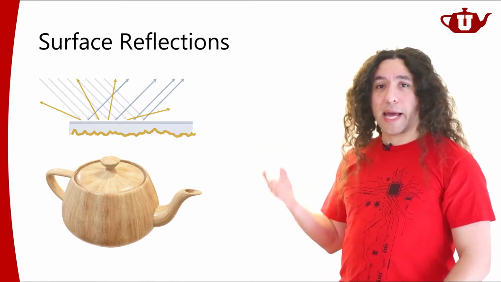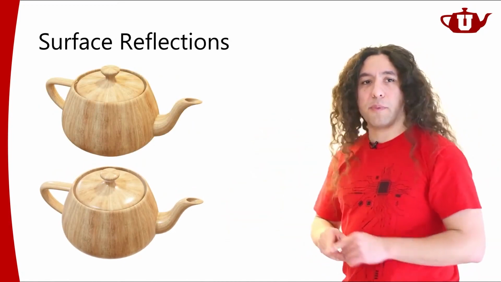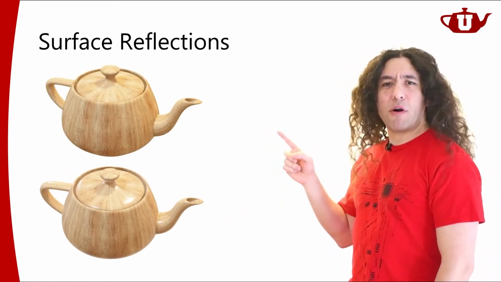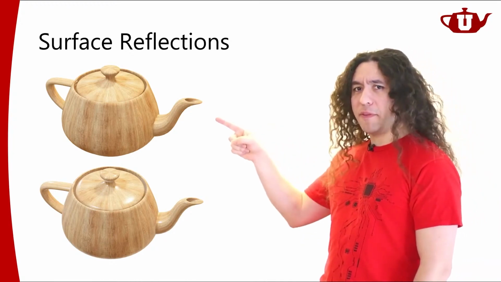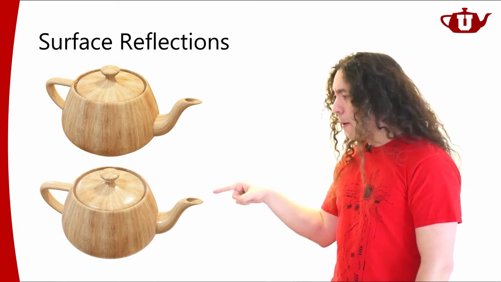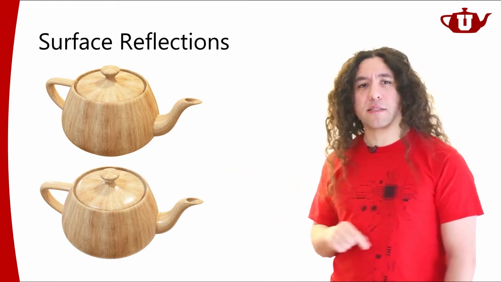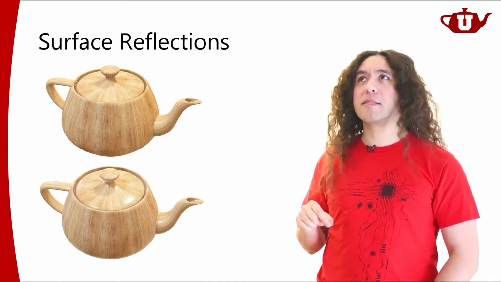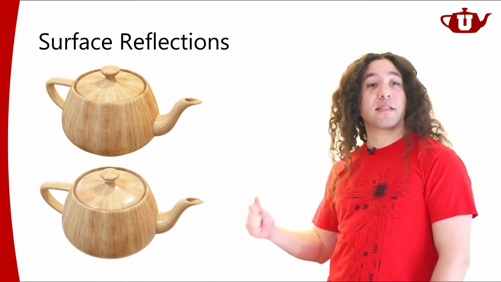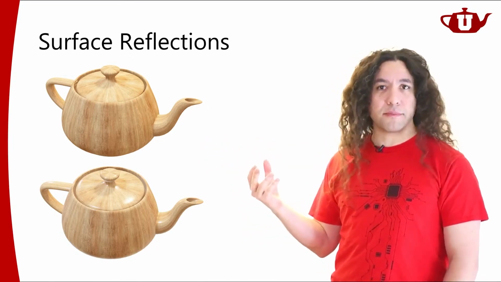Right. So again, showing this specular version and the diffuse version of the teapot. Now, something is a little bit wrong here. So this one has diffuse reflections. This one has diffuse plus specular. But if I'm going to have specular reflections on the surface, that means the percentage of light that's reflected specularly will not be reflecting diffusely.